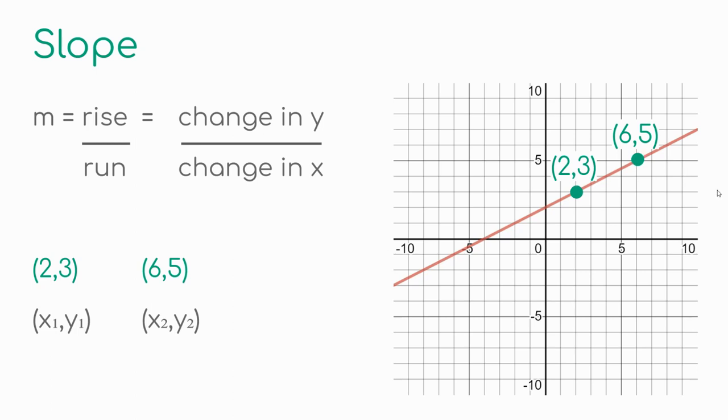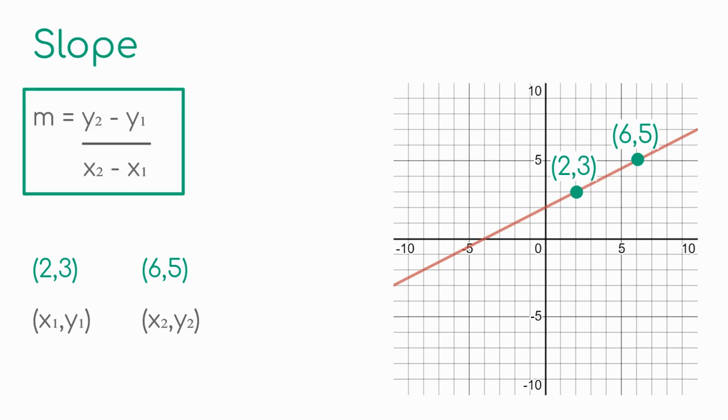It doesn't matter which point you choose as being your ones and which one you choose as your twos, as long as you're consistent. So you could switch them. It doesn't matter. So we're going to change our formula a little bit. Instead of saying change in y, what change means is like the difference. So that's going to be subtraction. So instead of change in y, I'm going to subtract my 2 y values. And instead of change in x, I'm going to subtract my 2 x values.